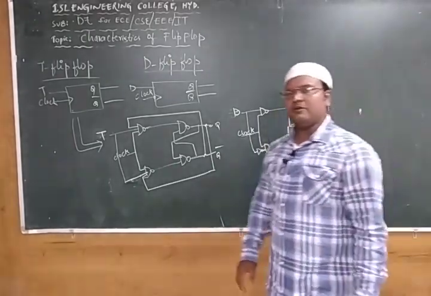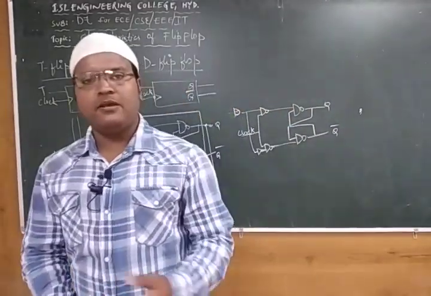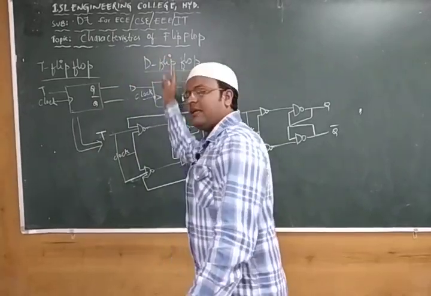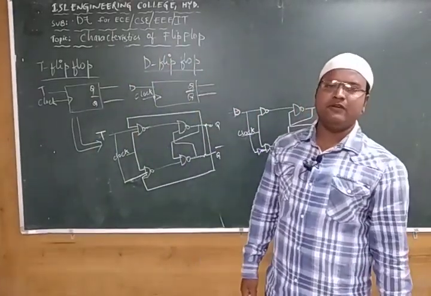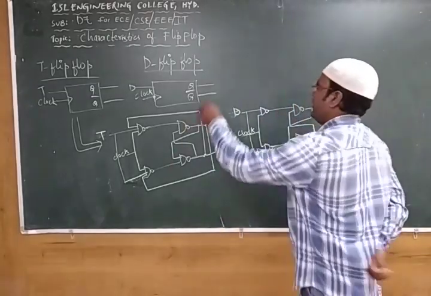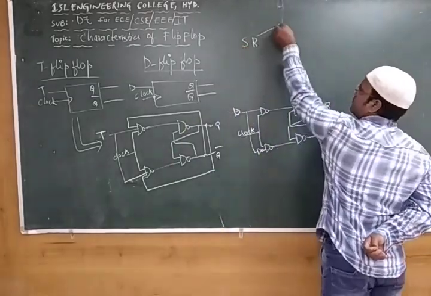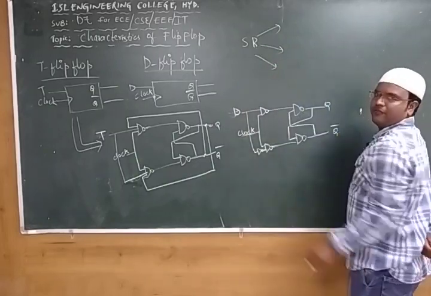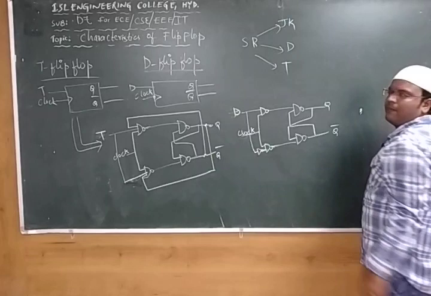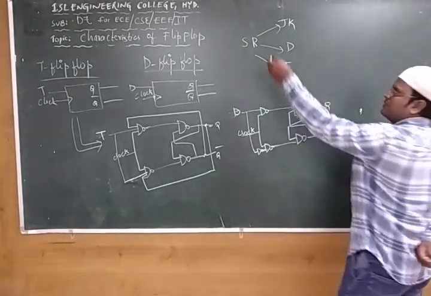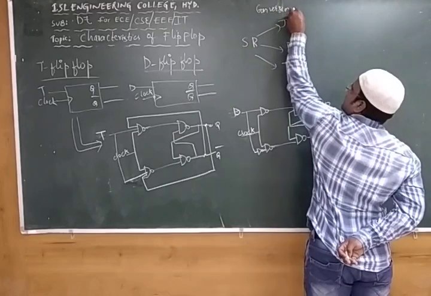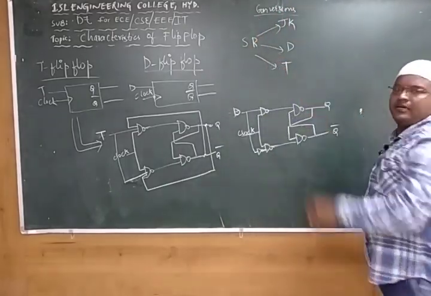So till now we talked about the JK flip-flop, SR flip-flop, T and D. The next thing we are going to understand is the characteristic equation, which will be helpful in designing and converting a particular flip-flop. That means if you have an SR flip-flop, how is it going to convert into other types of flip-flops, that is JK, D and T. To convert an SR flip-flop into other types of flip-flops, we need to know two things.